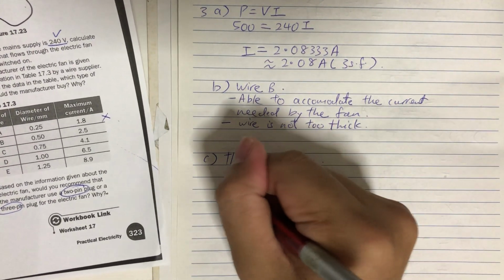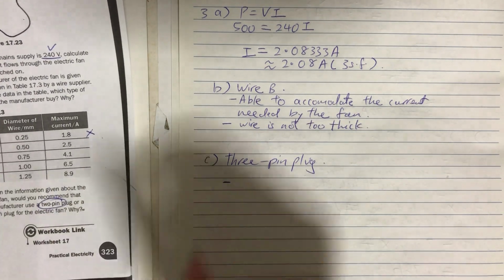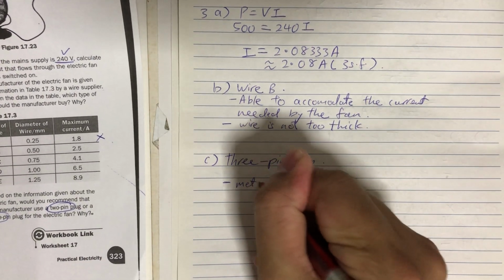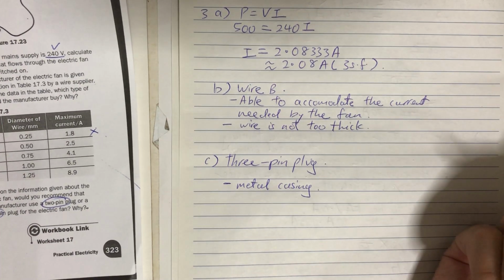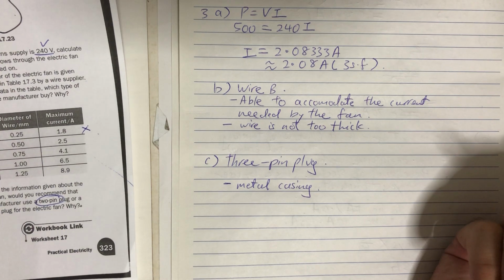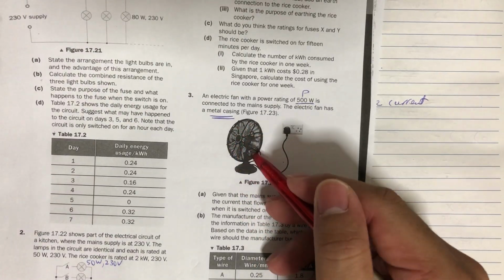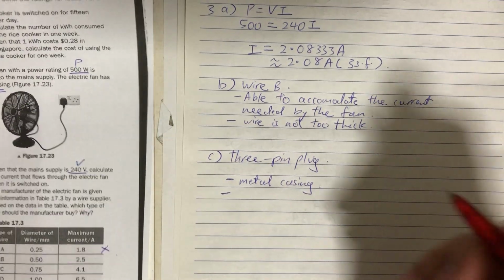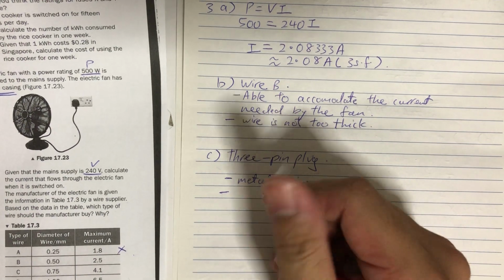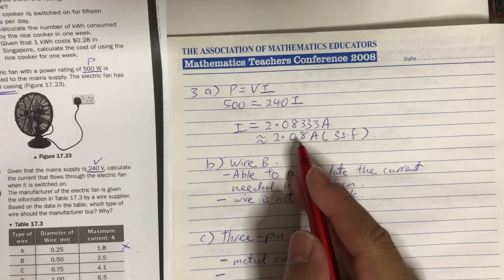Okay, why? Okay, so here's the first consideration. Okay, please write in sentence form. Down here, I'm just only writing in point form. Okay, first concern is there is a metal casing. Okay, so when there's a metal casing and when there's faults, the current will flow into the metal casing itself. Okay, second concern is that the current that you calculate is 2.08 amperes.